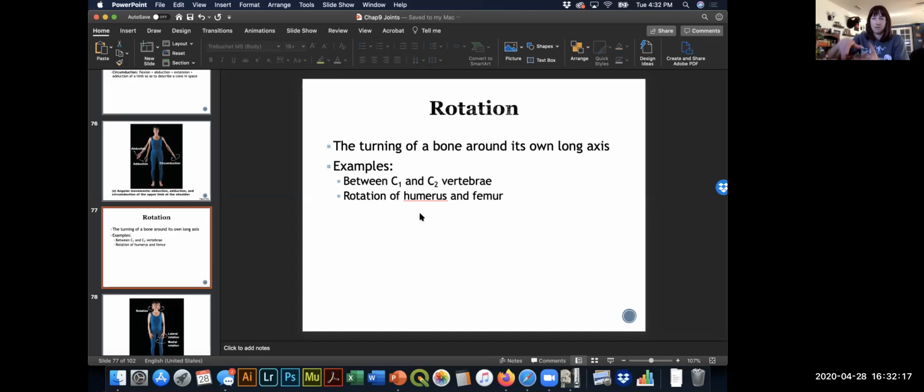And if you're rotating your foot in, like pretending you're pigeon-toed, this is medial rotation, and this is lateral rotation. Medial rotation, lateral rotation, right? Same thing with your humerus: you can have medial rotation and lateral rotation of the humerus.